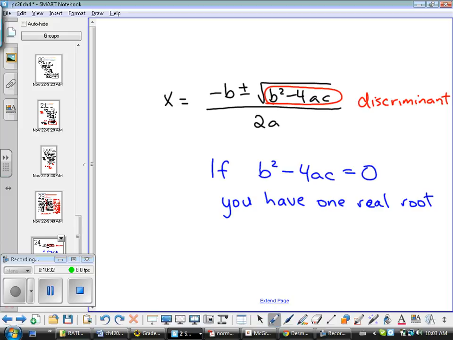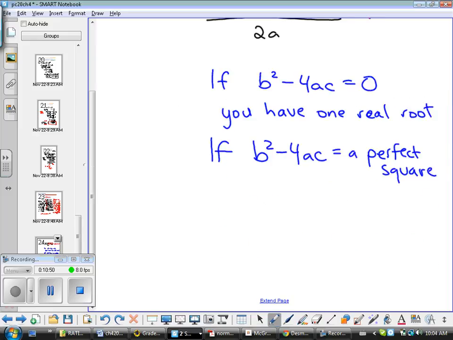So you're just going to have rational numbers, but you will have two of them, because you have to add and subtract that to get your two roots. So if b squared minus 4ac equals a perfect square, then we will have two real, distinct, or unequal real roots.